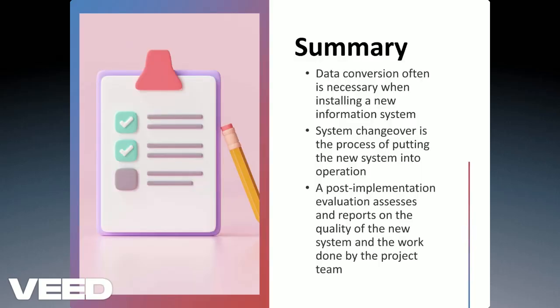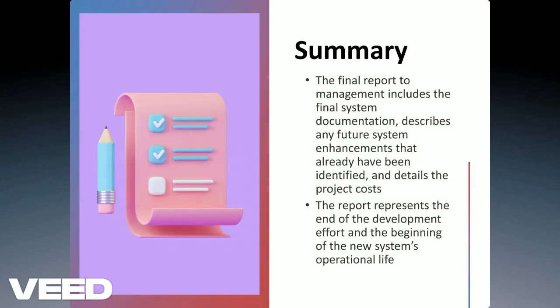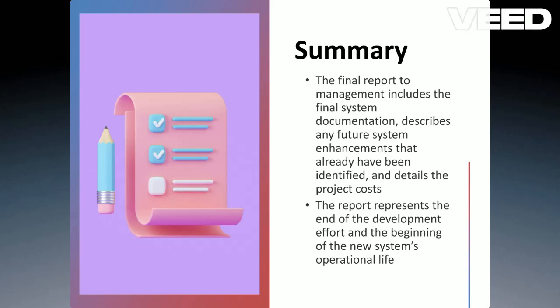Then you also perform data conversion, install the system, conduct a post-implementation evaluation to assess the effectiveness of the information system, and submit a final report to management. We should also clearly stipulate the project costs. And the submission of the final report indicates the end of the implementation stage. And that, ladies and gentlemen, is the implementation stage.